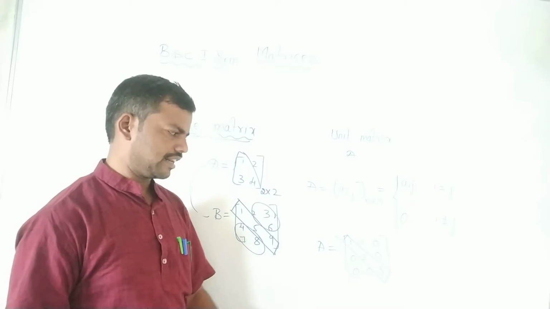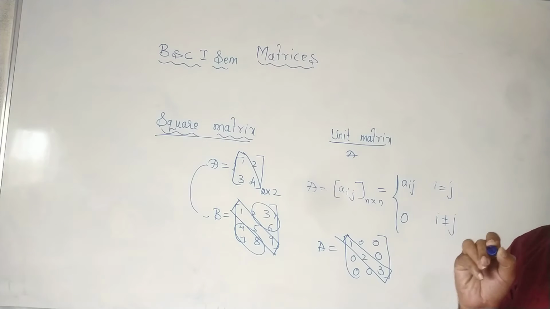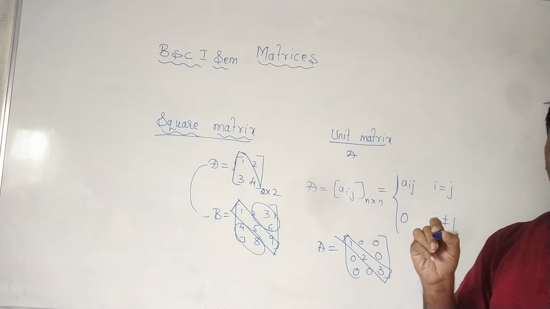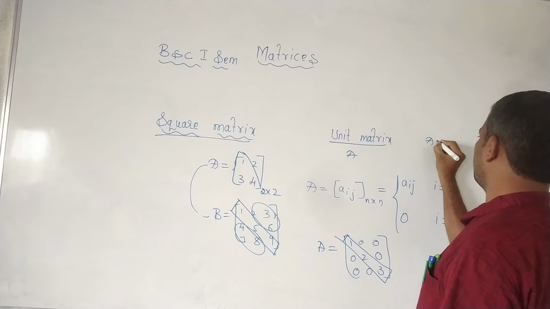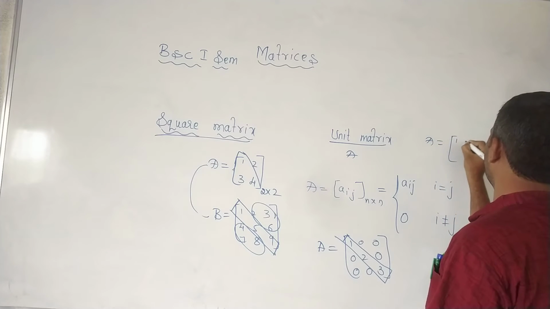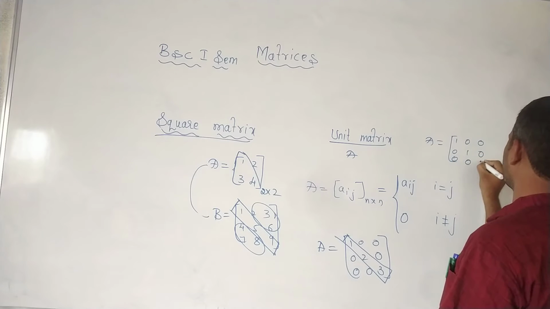Next we come to the unit matrix. A unit matrix is nothing but a diagonal matrix whose diagonal elements are unity: 1 0 0, 0 1 0, 0 0 1.